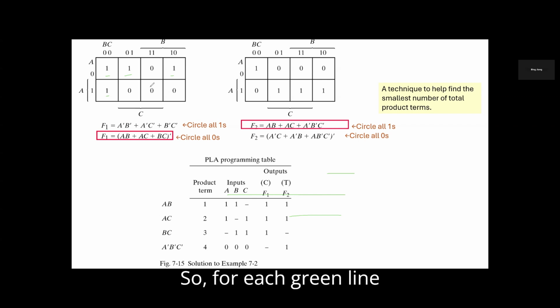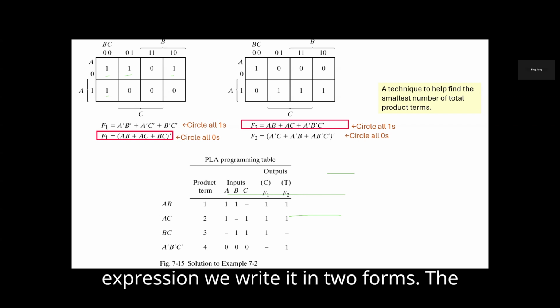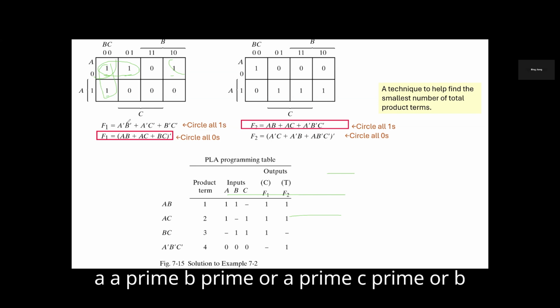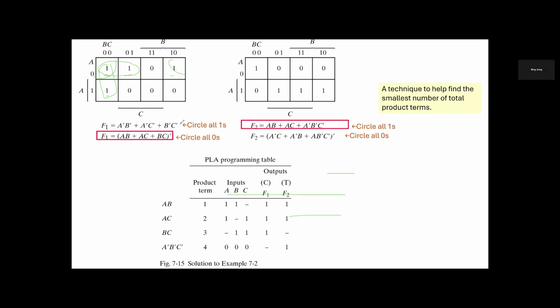For each Boolean expression, we write it in two forms. The first one is F1 equals, just normally we circle all the pair of ones, and then we get three product terms. So this is A prime B prime or A prime C prime or B prime C prime.